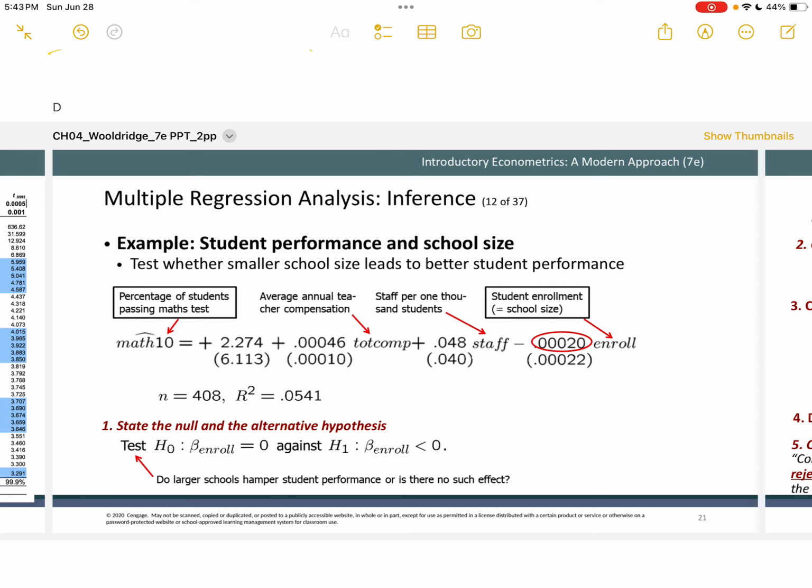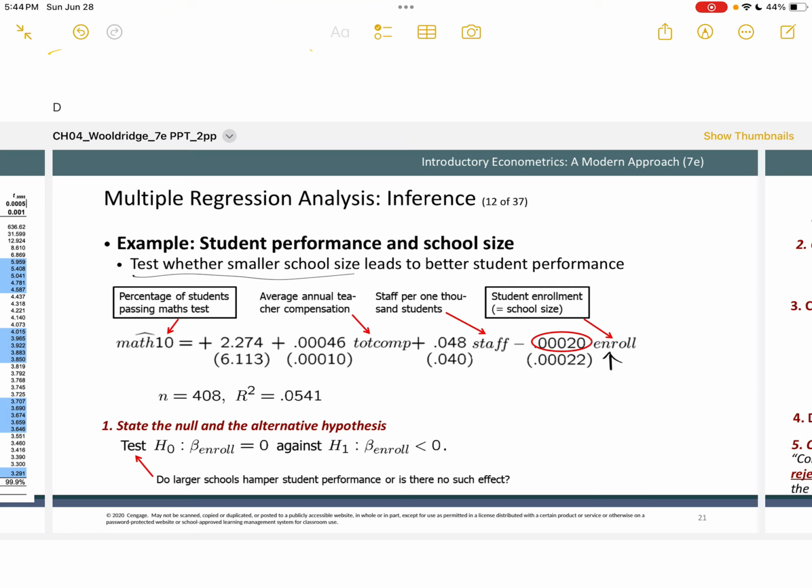So let's see an example where we do a left-tail alternative test. In the null, we have beta enroll equals 0. In the alternative, we have beta enroll less than 0. What is this all about? We are testing whether smaller school sizes lead to better student performance. As enrollment increases, do math test scores fall?